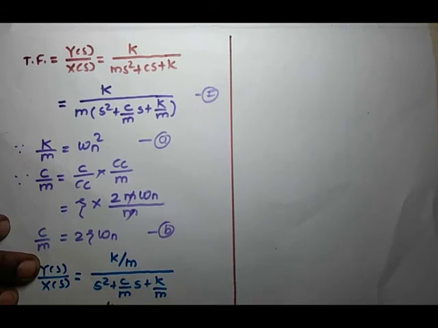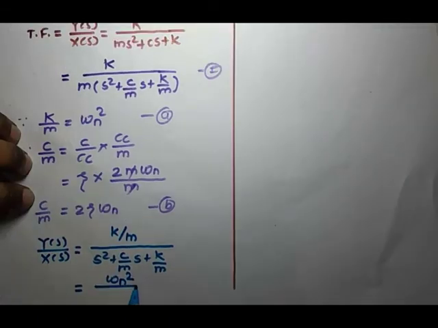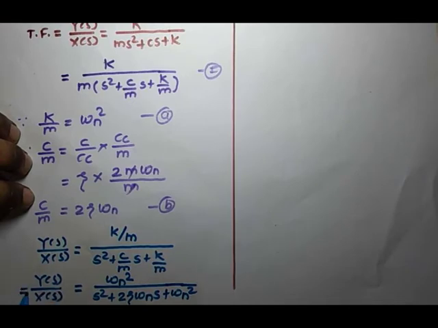We'll get omega n square over s square plus 2 zeta omega n s plus omega n square, Y(s) over X(s). So this is the transfer function in terms of natural frequency and damping factor or damping ratio.